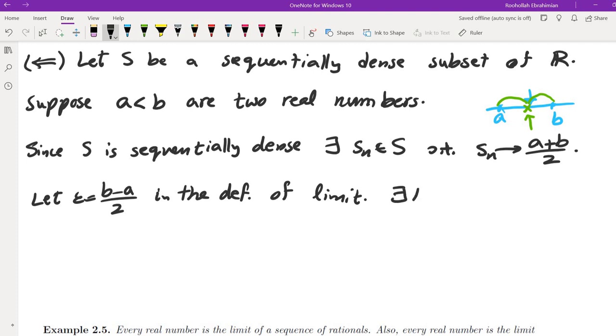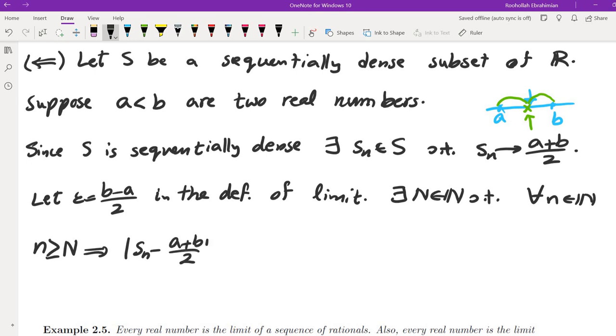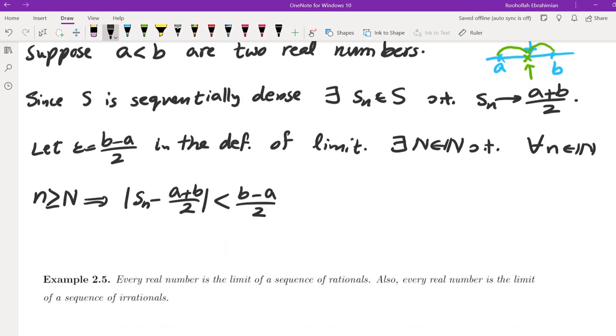So there is some natural number N such that for every natural number n, if n is at least N, then |Sn minus the average| is less than (b minus a) over 2. Sn minus the limit is less than epsilon.